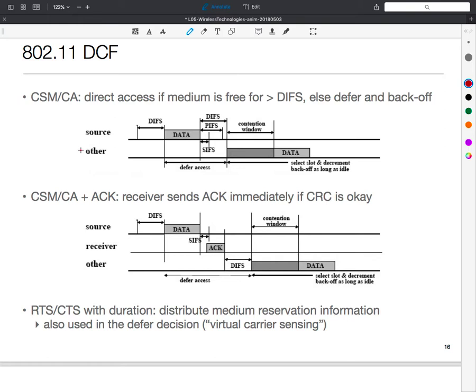Okay. So firstly, the scheme Nithya is describing is something which was among the very first schemes, which is basically you go ahead and transmit, and if you detect a collision happened, then you retransmit, and you detect a collision happened because you did not get an acknowledgement back. So you just go ahead and transmit. But that turns out to be pretty inefficient. That's a protocol called Aloha, one of the very first ones of this nature.